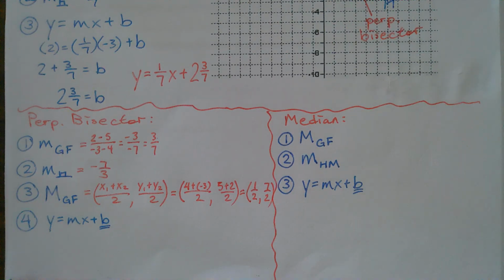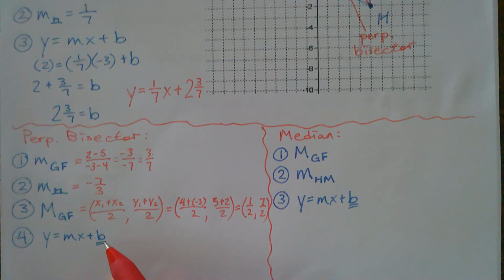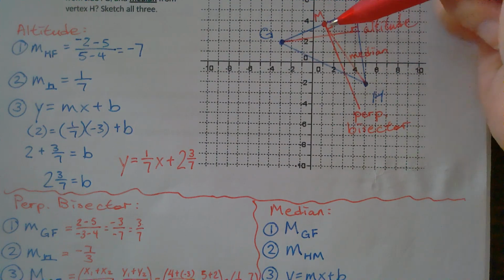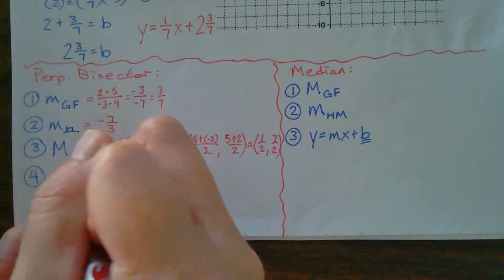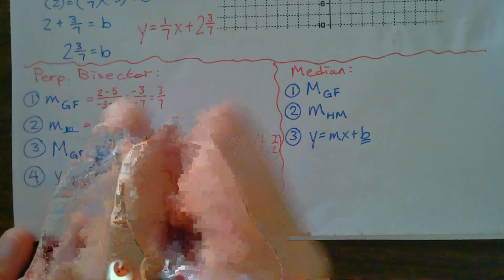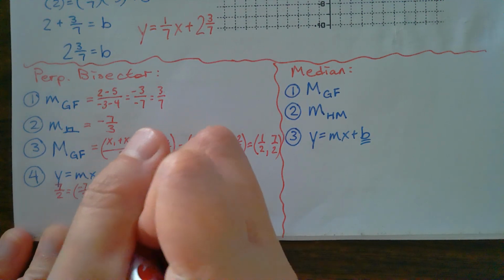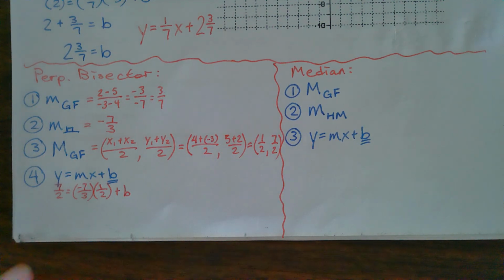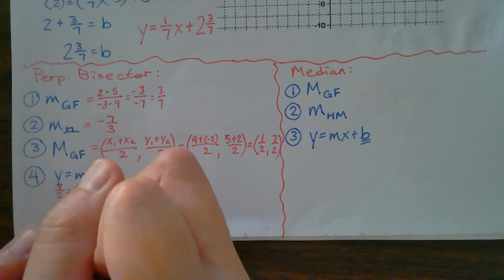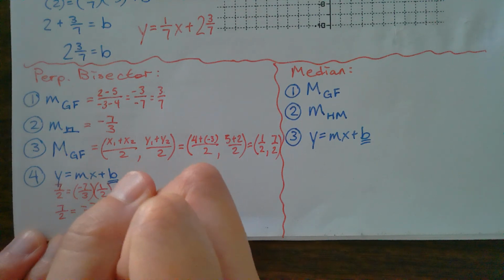Okay, so now I can substitute the values into y equals mx plus b to find b. I have the slope of this red line. I need a point on this red line. So that's why you have to use M, the midpoint that we just found. So y is 7 over 2, m is negative 7 over 3, x is 1 over 2, and you're trying to solve for b. So 7 over 2 equals negative 7 over 6 plus b.